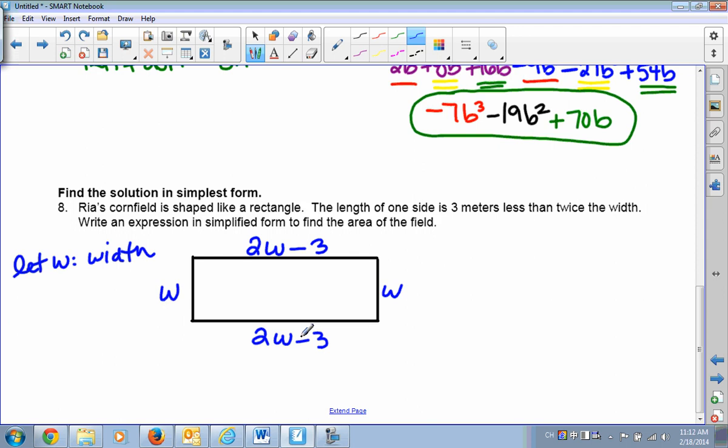Write an expression in simplified form to find the area of the field. How do you find area? Not perimeter, area. Length times width. So I would put the W first. W times 2W minus 3.